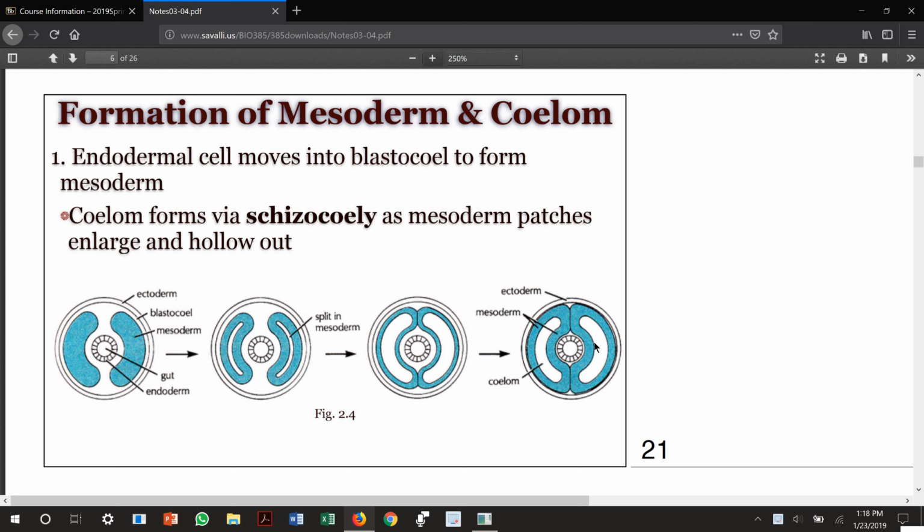And these spaces here instead become the internal cavities. And this process is called schizocoely. Schizo meaning the split, and coel meaning cavity. You form a cavity by the splitting of the mesoderm. So that's mesoderm and coelom formation, the first type.